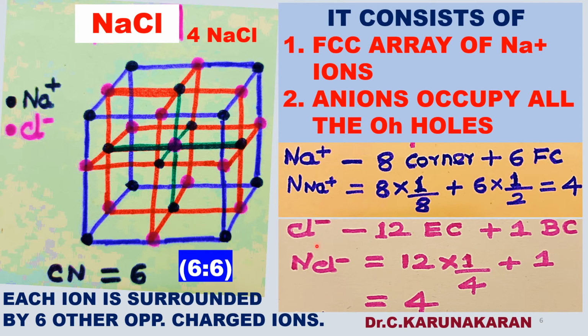Now, Cl minus ion. Cl minus ions are present at the 12 edge centers. There are 12 edge centers occupied by the anion, Cl minus ion, and at the body center, Cl minus ion is also present.